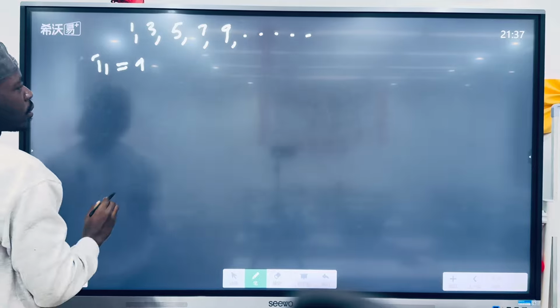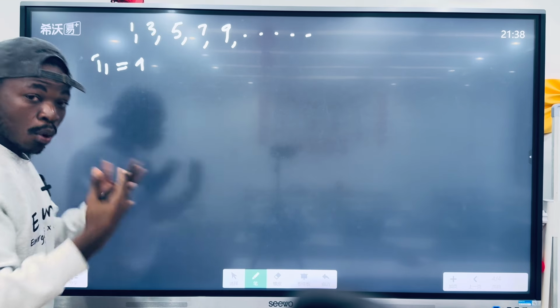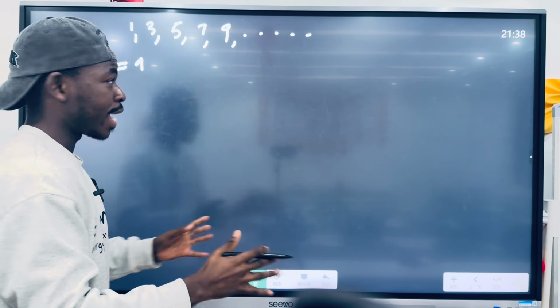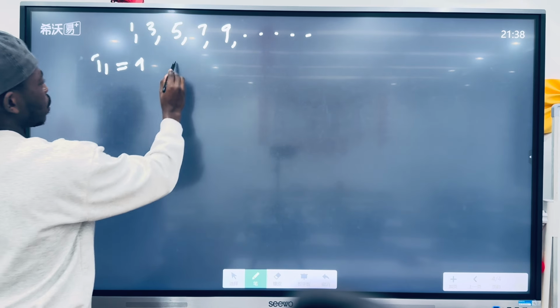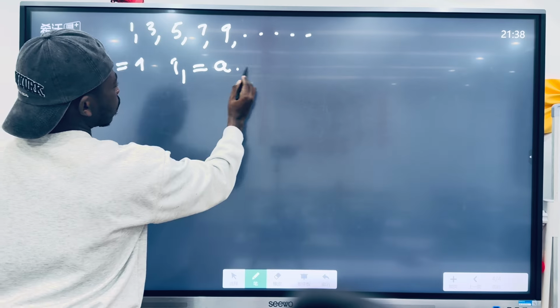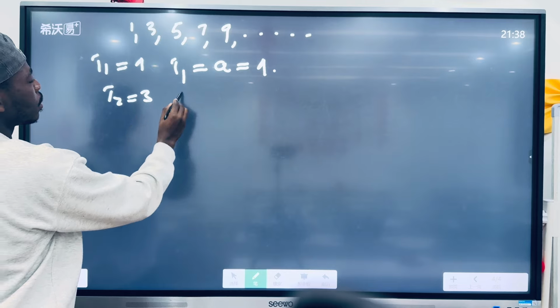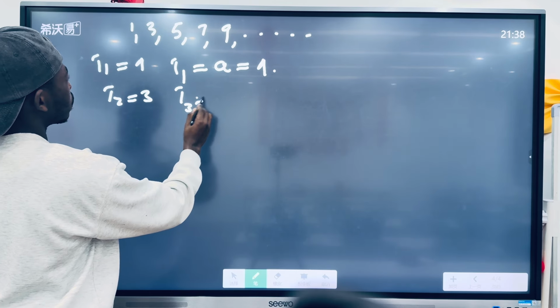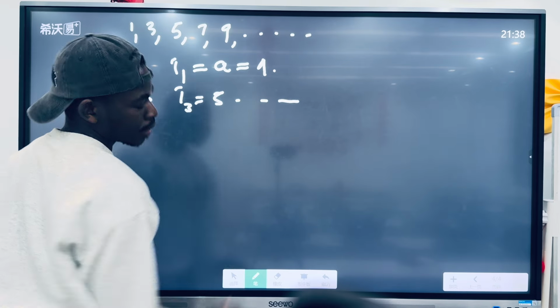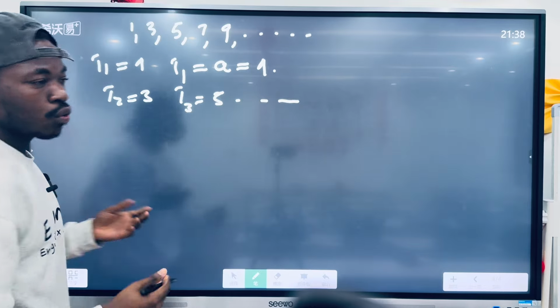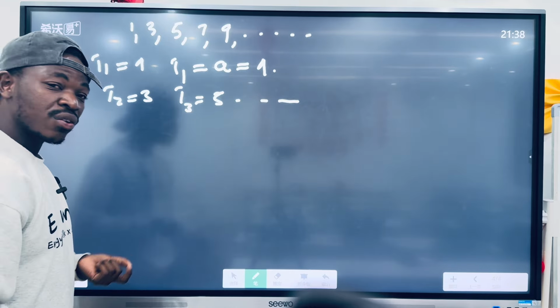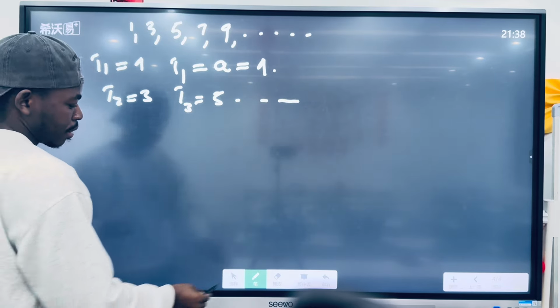T1 is equal to 1. Mostly we use A to represent the first term. So T1, or A, here is 1. T2 is 3. T3 is 5. This shows which one is the first term, T1, and which one is the second term, T2.